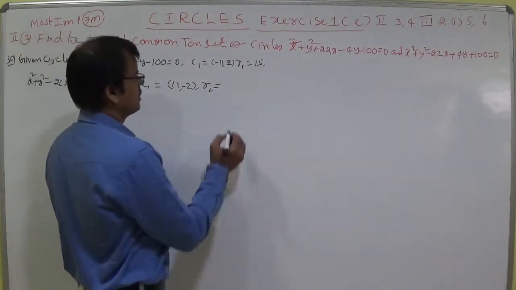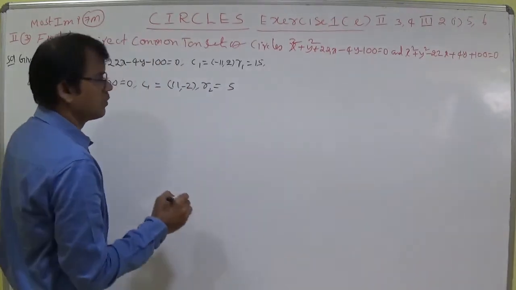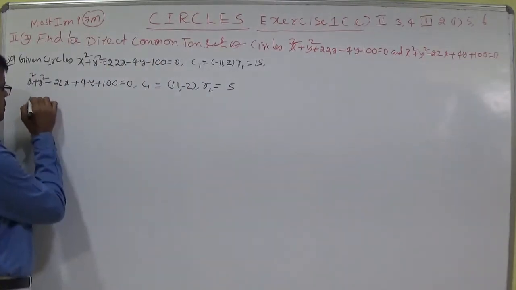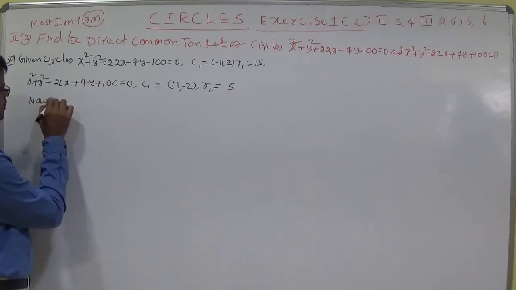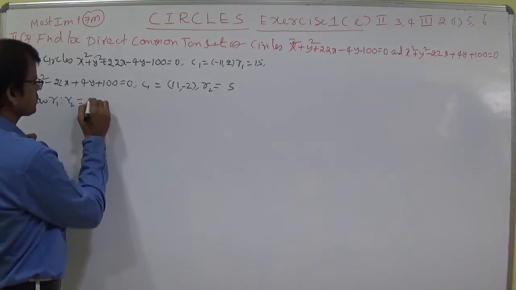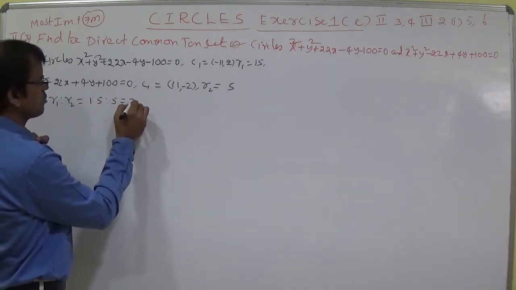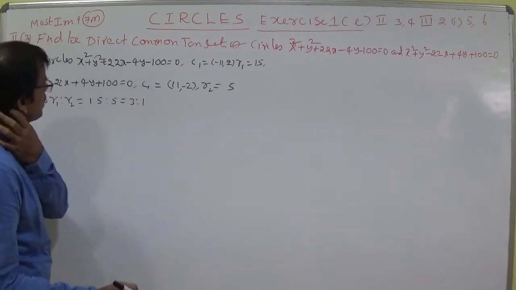So 125 minus 100, 25, root is 5. Now R1 is to R2 you can write as 15 is to 5. Therefore 3 is to 1.